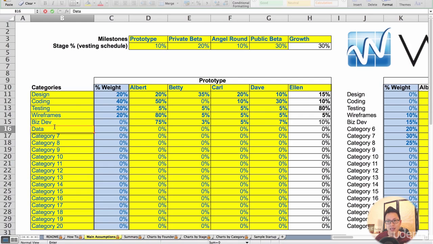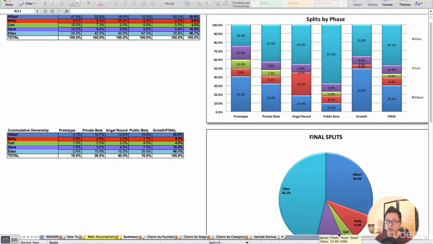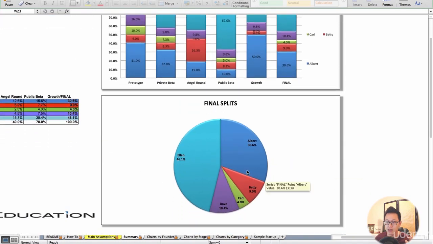So it allows you to lay all those things out, break it down, and based on all of your assumptions around that, what this model does is it then spits out a final split of the pie, and how it's split across stages and how it's split across the different categories.